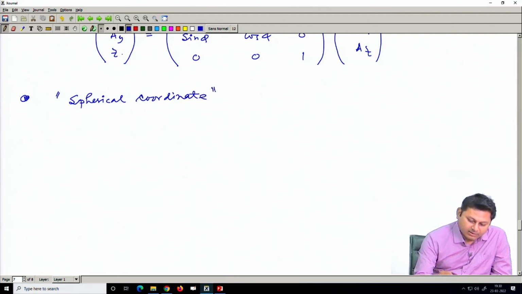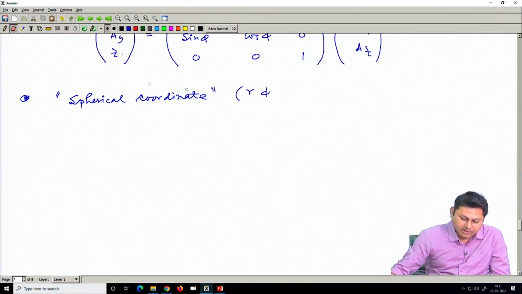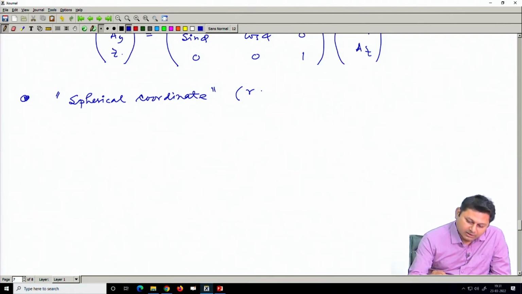In spherical coordinate, we define a point with the coordinates r, theta and phi.